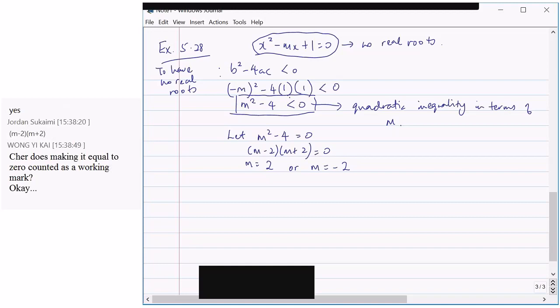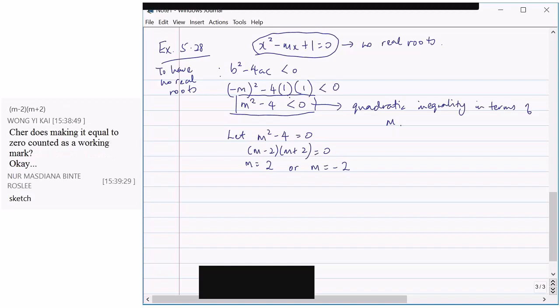Okay, what's the next step? Diana, after I let it be 0 and I solve already, what is the next step usually? Sketch the graph. Excellent. So let's sketch the graph by the side. Smiling or frowning? This tells you whether it's smiling or frowning.